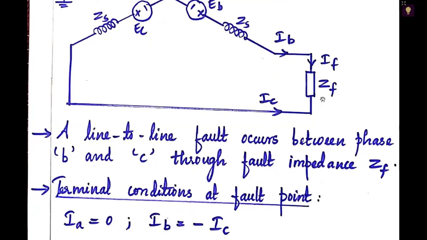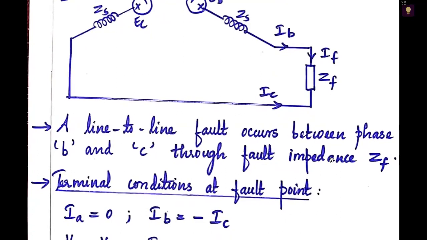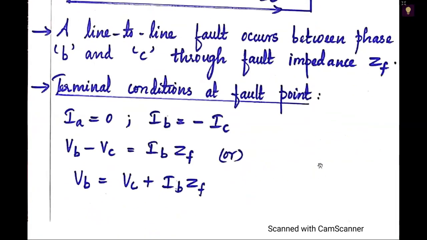So VB minus VC is equal to IB ZF, or we can write VB is equal to VC plus IB into ZF. And the third condition is current IB is equal to minus IC. Since IB and IC are along the opposite direction, we write IB is equal to minus IC.